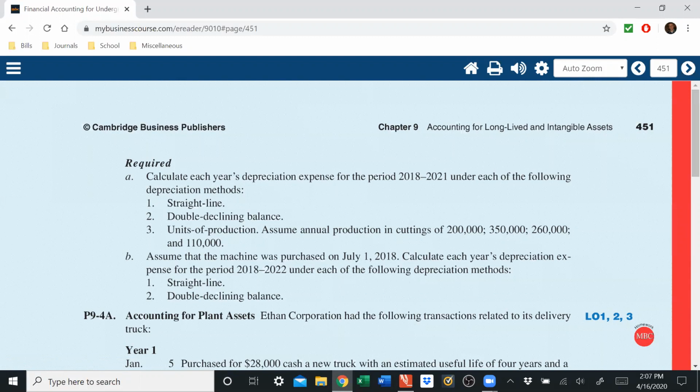Depreciation expense, straight line method, 2018 through 2022, right? Because we have to go through June 30th, 2022. Year 1 is July 1st, 2018 to June 30th, 2019. Year 2 is July 1st, 2019 through June 30th, 2020, and so forth. Year 4, July 1st, 2021 through June 30th, 2022.